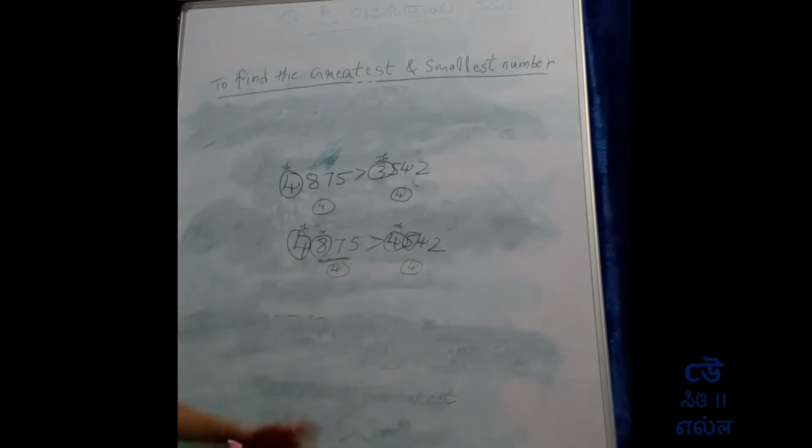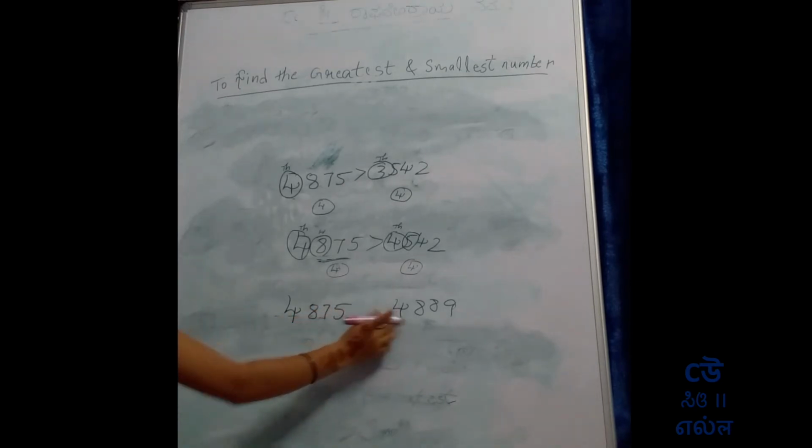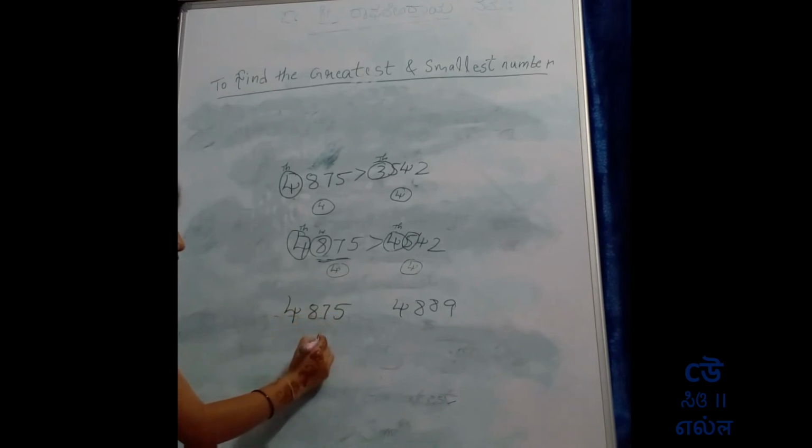Again, in this step, the first example was different, the second example was different. So again, if you find the same numbers in hundreds place, what to do? I'll give one more example. In these two numbers, you have to find the greatest number. The first step is you have to count the number of digits, and write 4 in 1, 2, 3, 4.